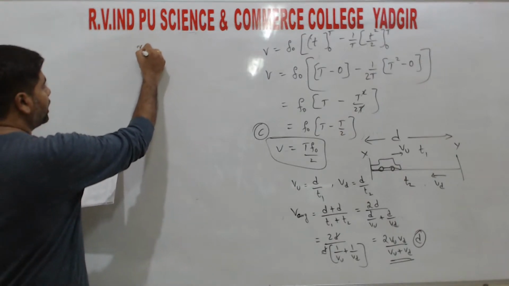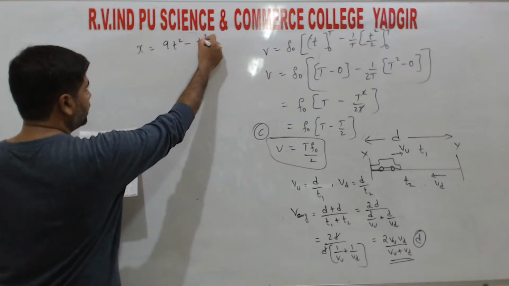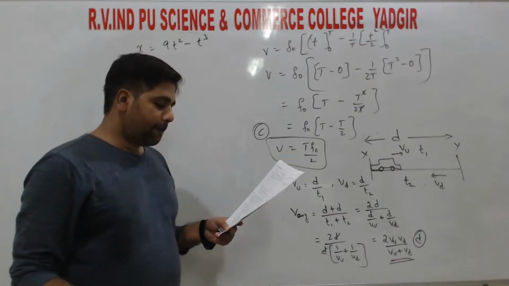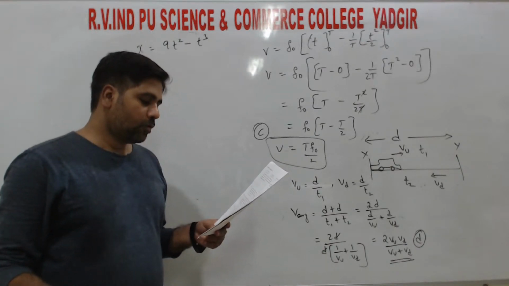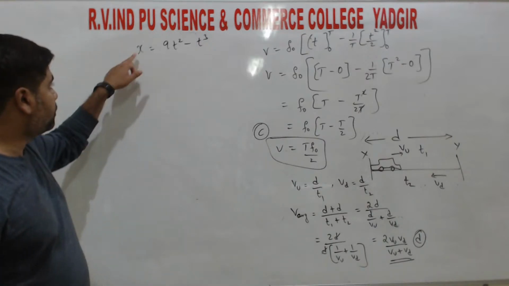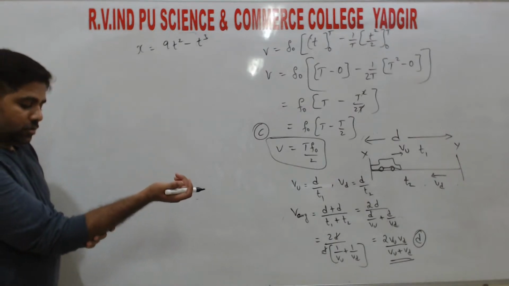So the given x is equal to 9t square minus t cube. So at maximum speed, we need to find the position. That means we need to find the displacement when it is at maximum speed, right?